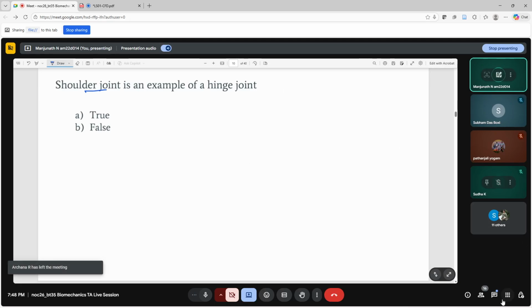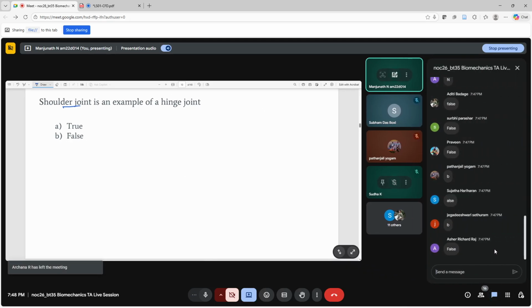So the question is, shoulder joint is a hinge joint. If shoulder joint is not a hinge joint, then what is it? Most of you have answered false.